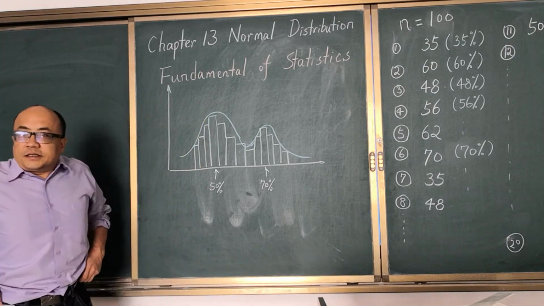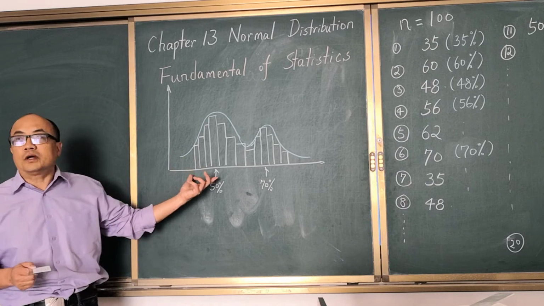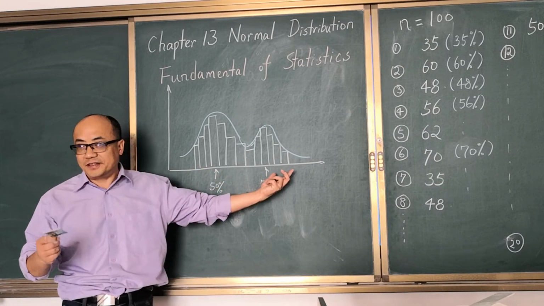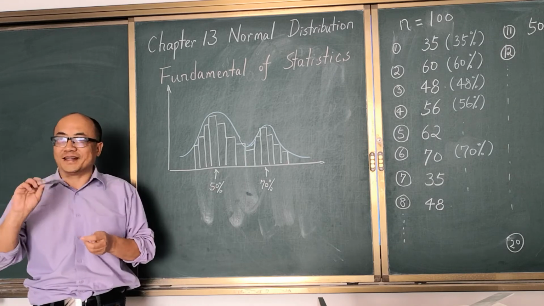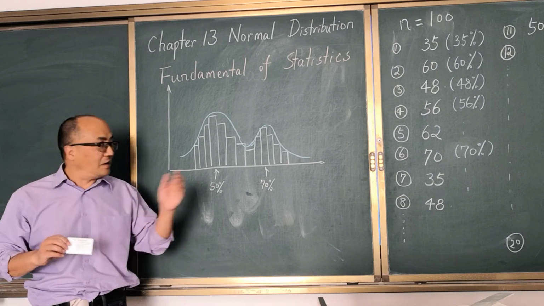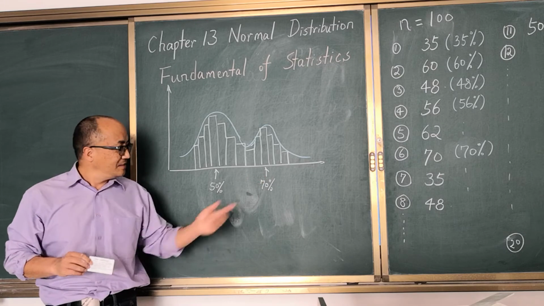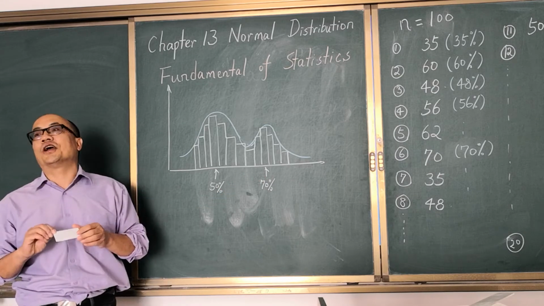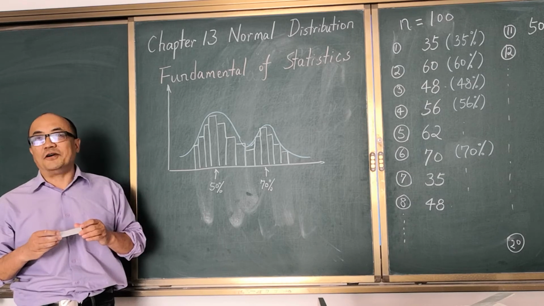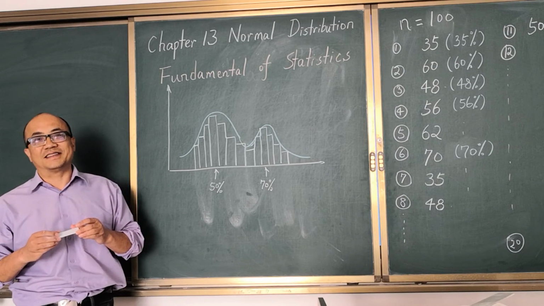The story is the coin. There are two kinds of coin I developed. One kind of coin is a fair coin. Another kind of coin, on average, is a 70% chance.